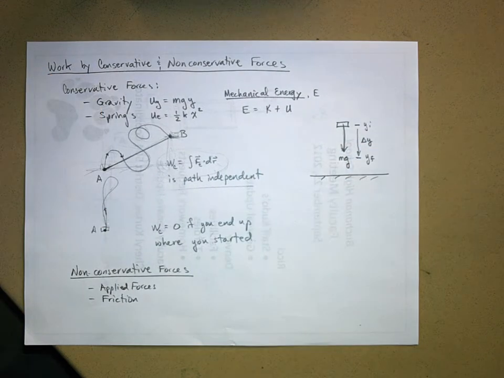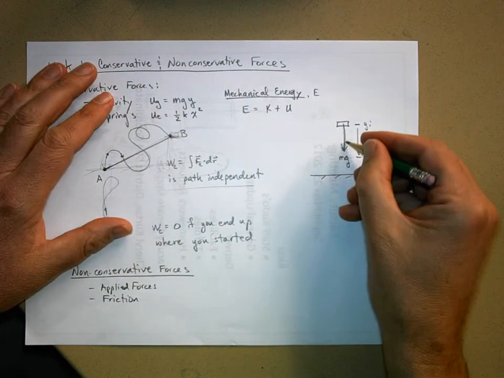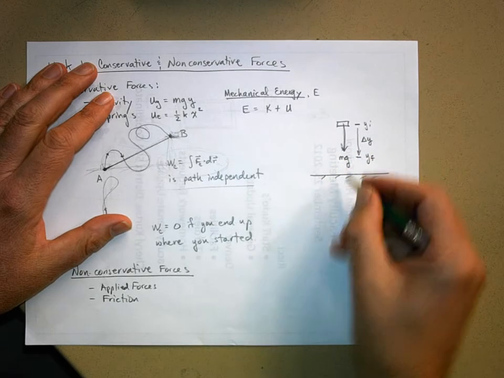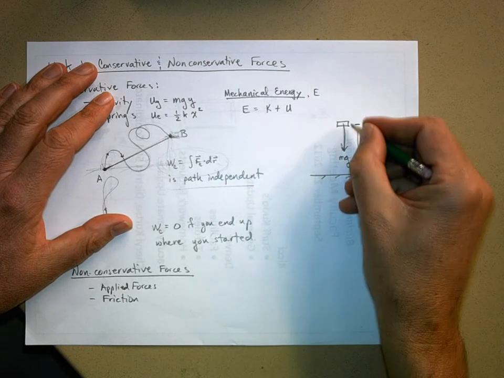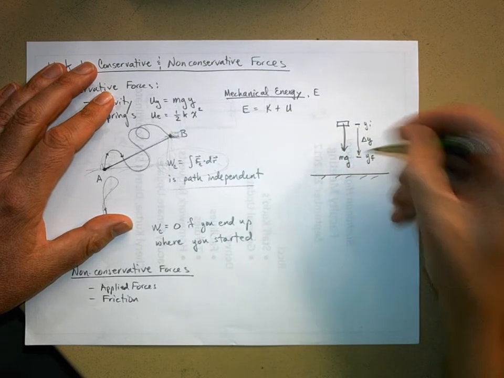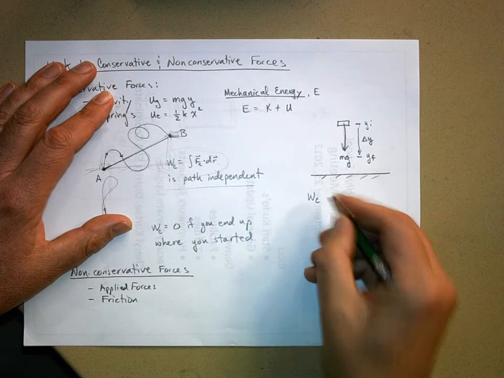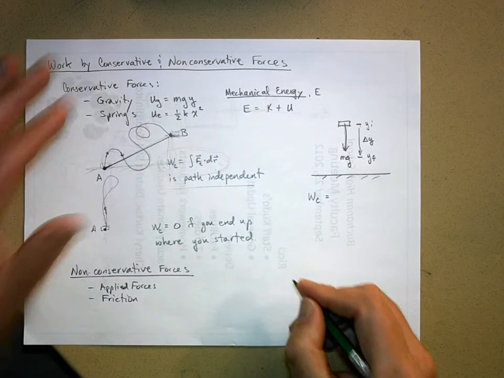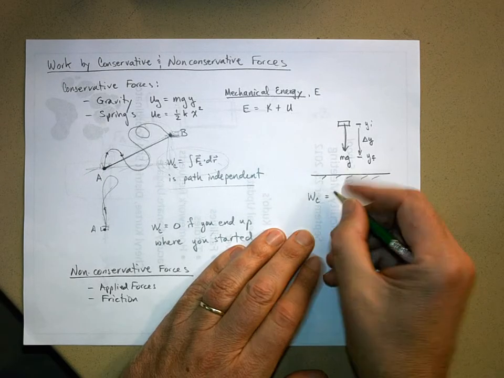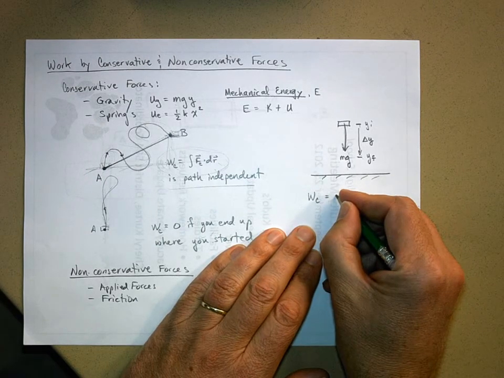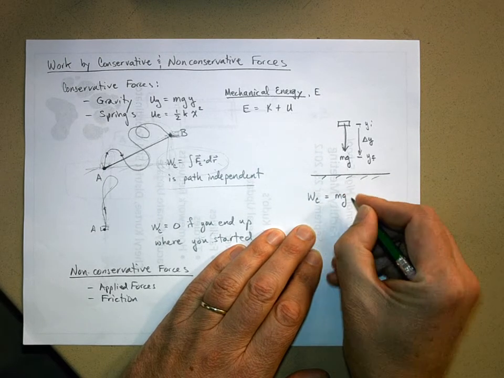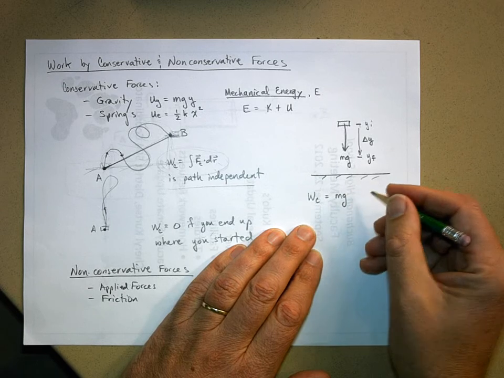Well, let's take a look at the work done by gravity here. It's just going to be the force times the displacement. The work done by my conservative force is equal to mg delta y.